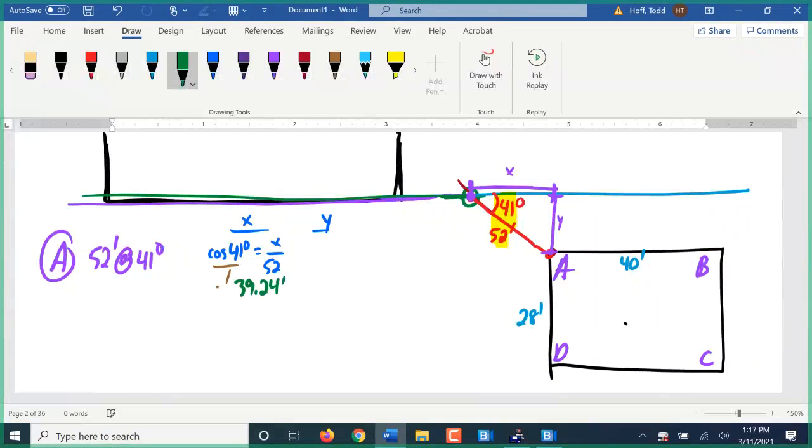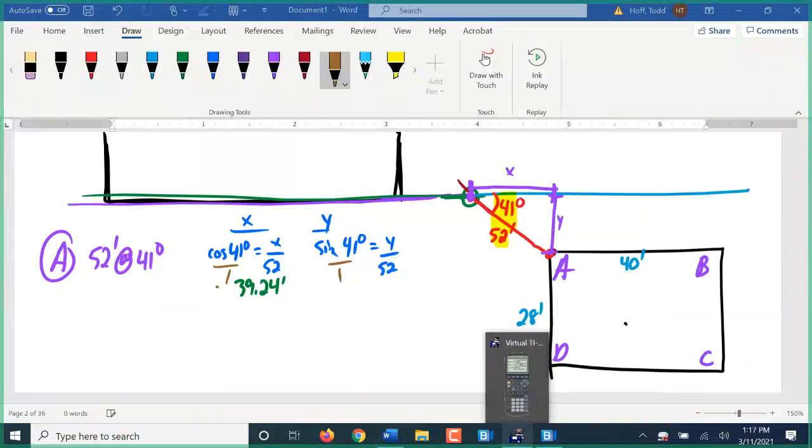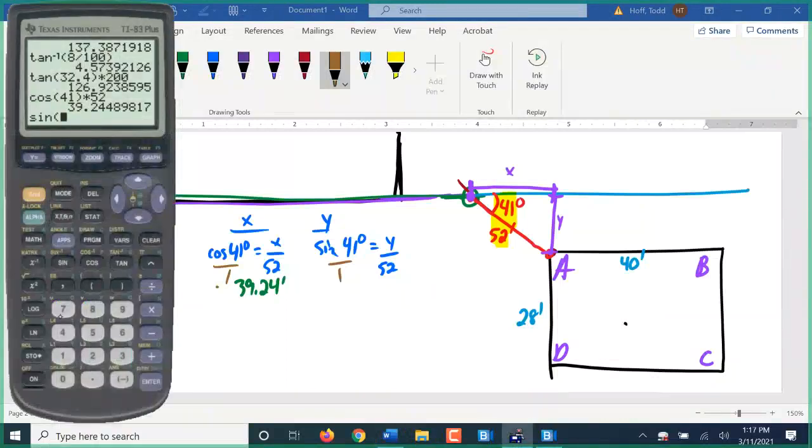Y is going to be sine of 41 degrees equals y over 52. Again, put that over 1, I'll cross multiply and divide. Sine of 41 times 52 gives us 34.12 feet.